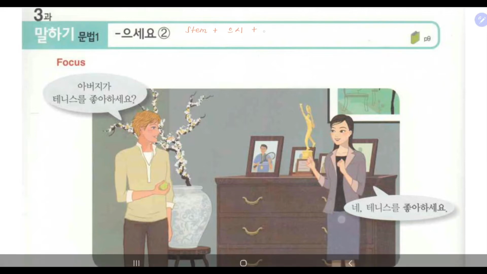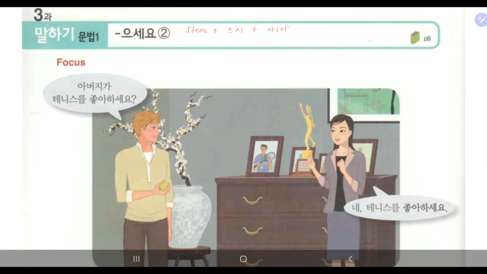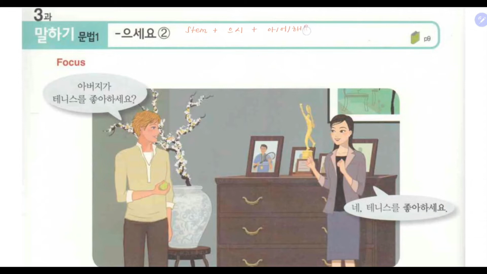Let me put it all together. 해요. 자, when the stem ends with a consonant, 으시 더해요. So 받침 있어요? 으시 더해요. 받침 없어요? So the stem ends with a vowel. 그러면 시 더해요.